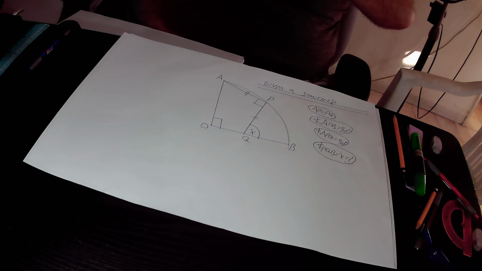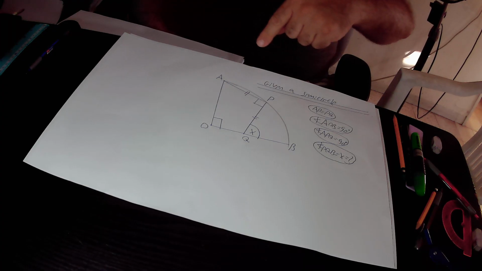So first of all, we'll complete the quarter circle to a semicircle.